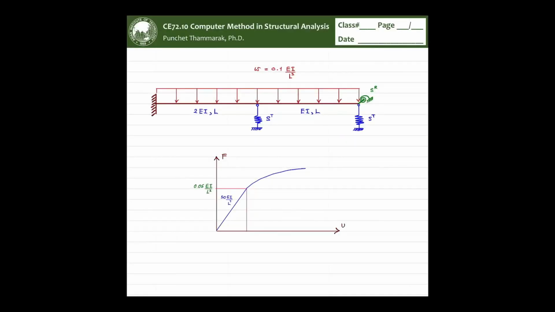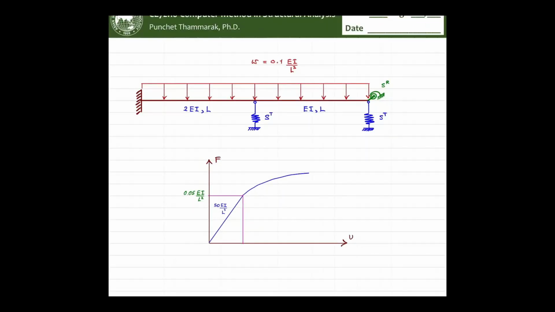because, why? No, this is about 1L. 1L multiplied by W, I get 0.1 EI over L square.